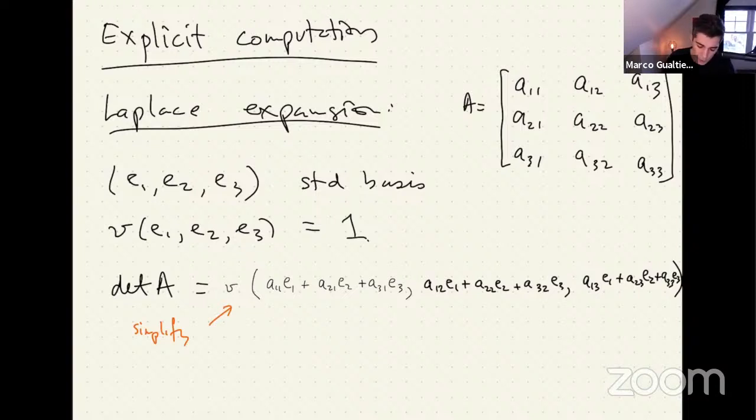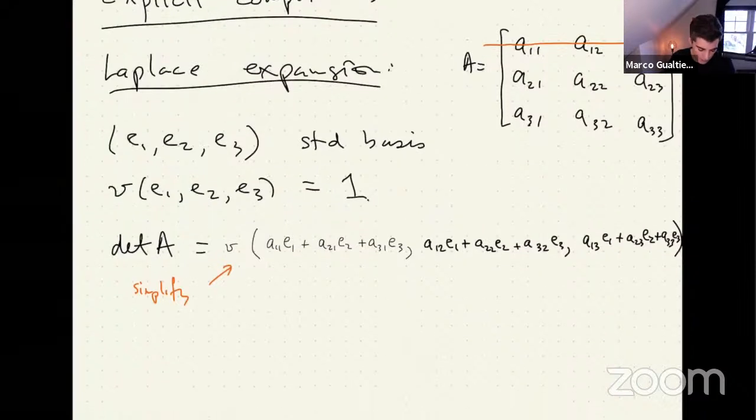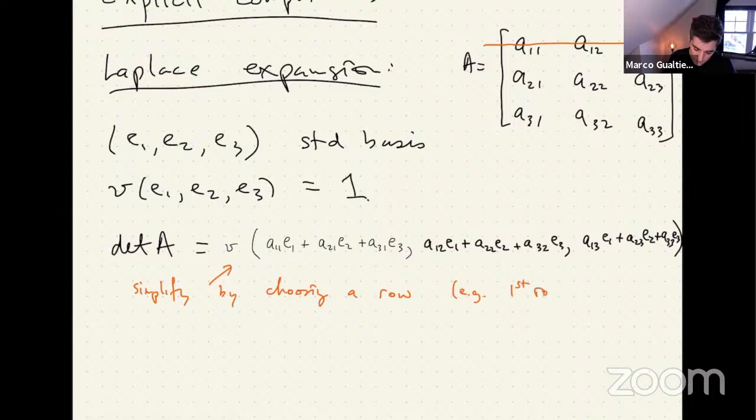Suppose I choose a certain row, like the first row, which is going to be these entries.